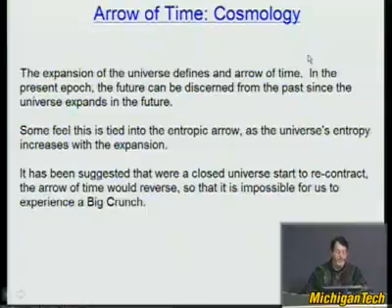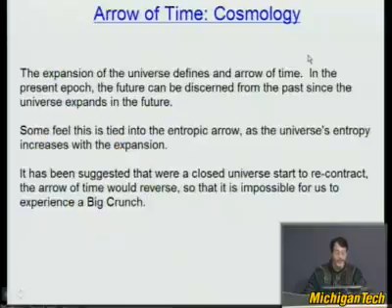Let's talk about cosmology. So we talked about the first one already, entropy. The expansion of the universe defines an arrow of time. In the present epoch, the future can be discerned from the past since the universe expands into the future. Some feel this, outside of entropy, defines an arrow of time.